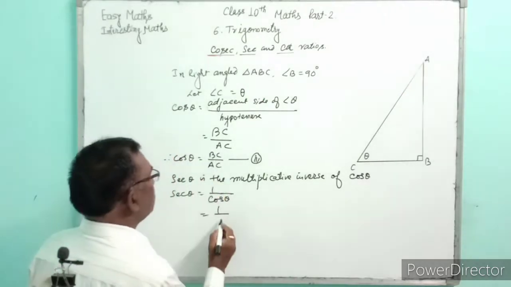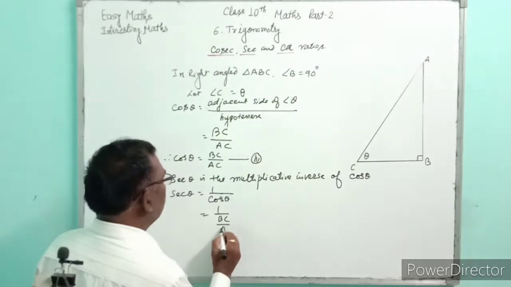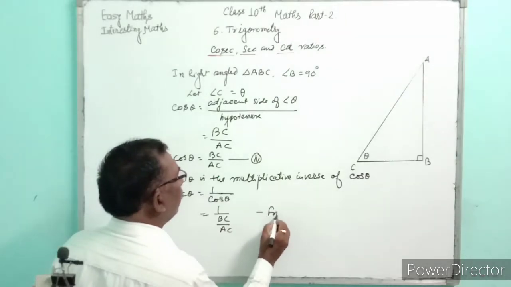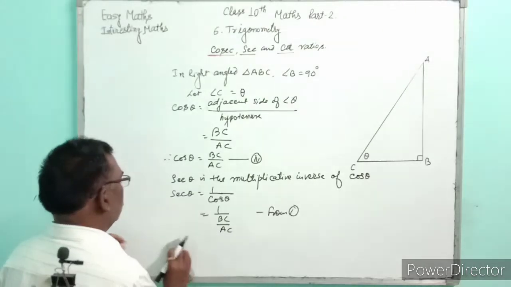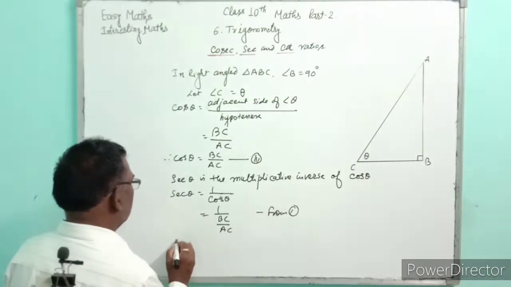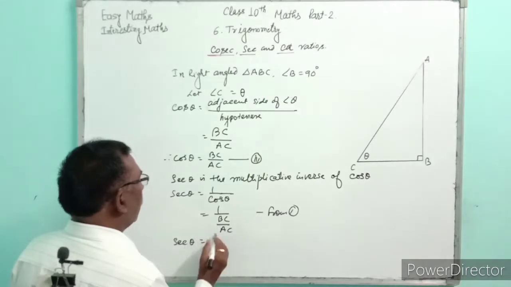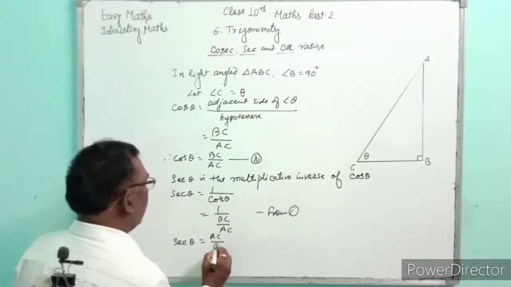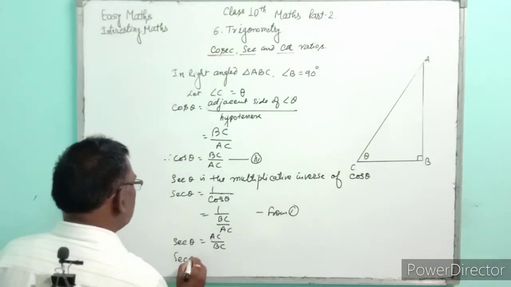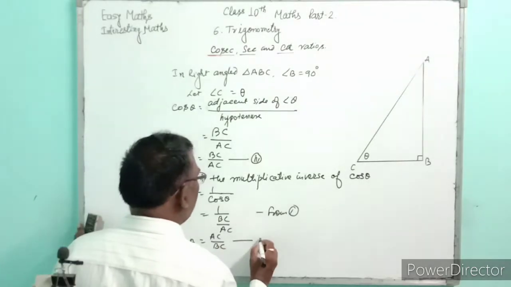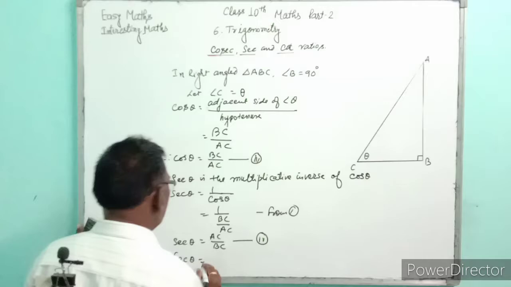Cos theta is equal to BC by AC, so 1 upon BC by AC. Therefore, sec theta is equal to AC by BC. Therefore, sec theta, this is number 4.